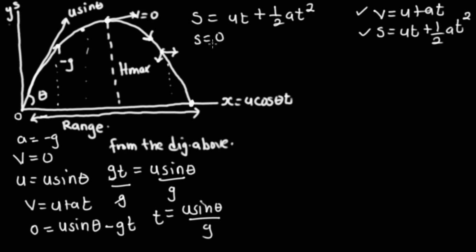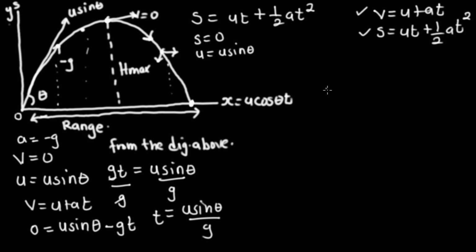We resolve that s is 0. But remember that u is u sine theta, a vertical movement. And you should also not forget that a is equal to negative g. Now, let the small t become capital T to represent total time of flight.